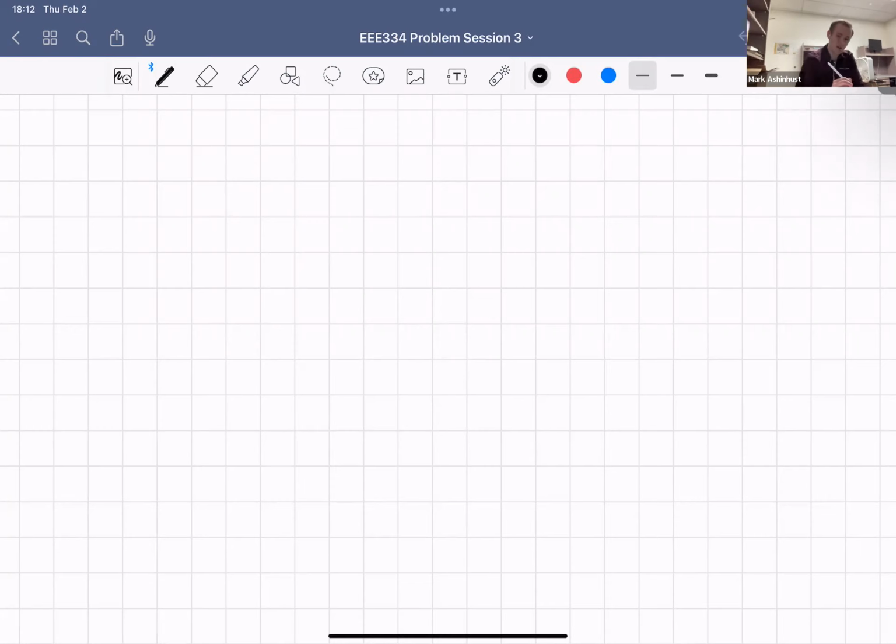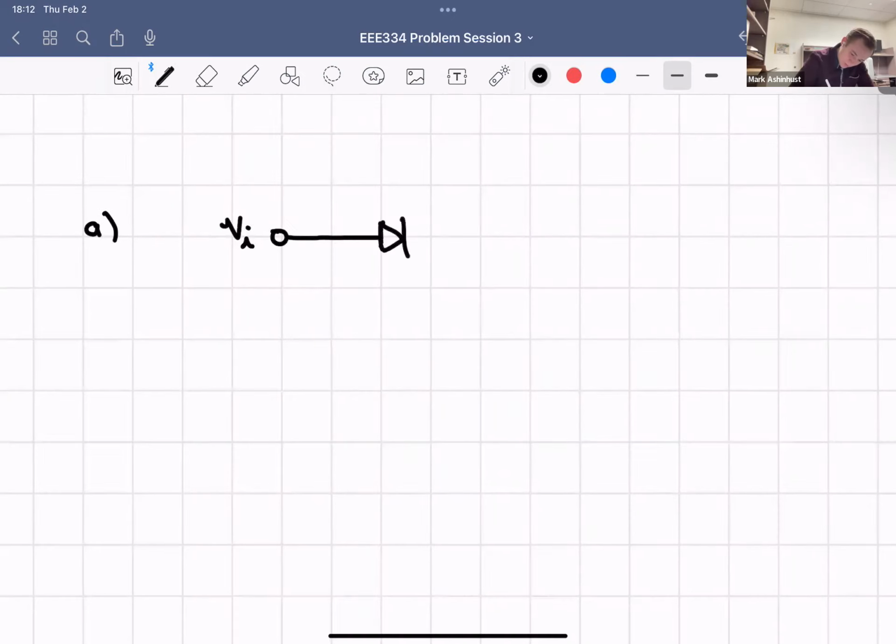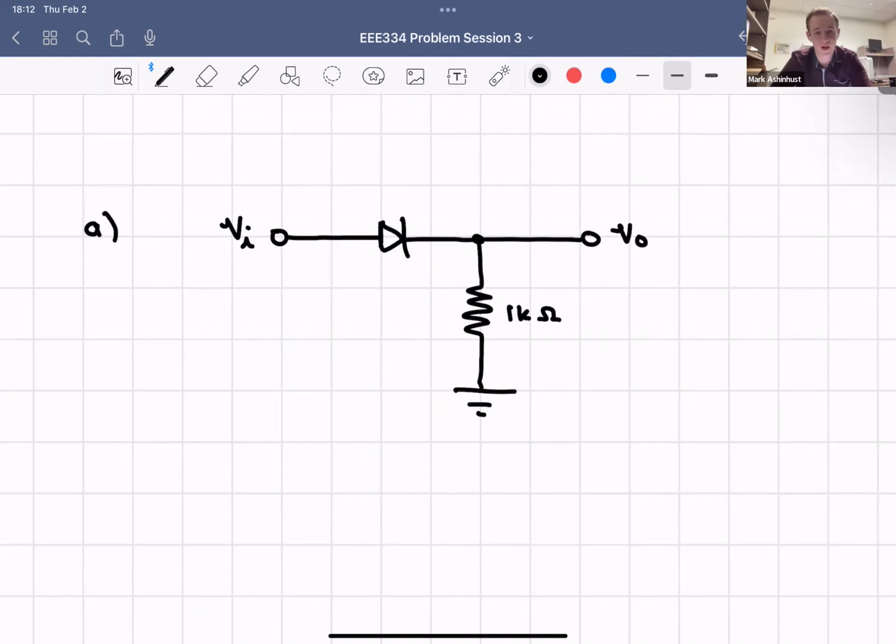I'll begin with 4.4, and I'll start with A. A starts with a voltage input, and we have a diode, and a 1 kilo ohm resistor, and our V out. So that is going to be our question A.